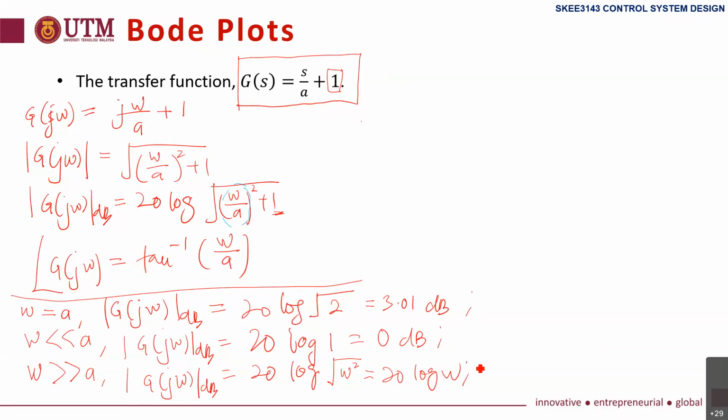That is for the magnitude. Let's see what happens for the phase, also under the 3 conditions. When omega is equal to A, tangent inverse 1 is 45 degrees, because tangent 45 equals 1. So when omega is equal to A, the phase angle is 45 degrees.